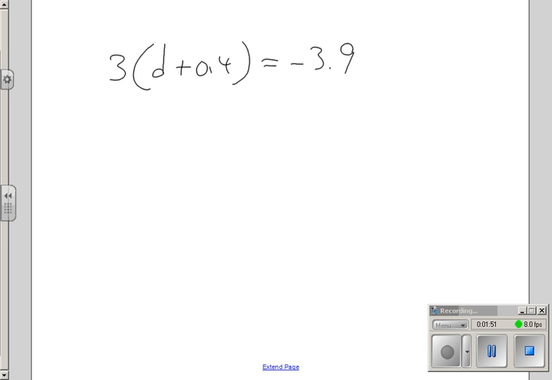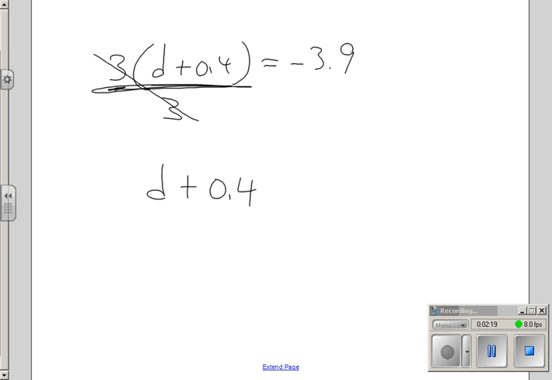If we look at example 2, on the next page, page 316, excuse me, it said method 2 is to divide first. So if we think about what this says, I have 3 of these. If I divide this side by 3, I am using opposite operation to get rid of the fact that I have 3 (d plus 0.4), and now by dividing by 3, I just have 1 d plus 0.4.